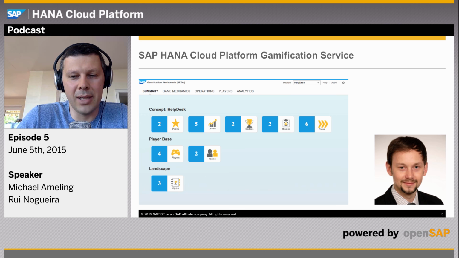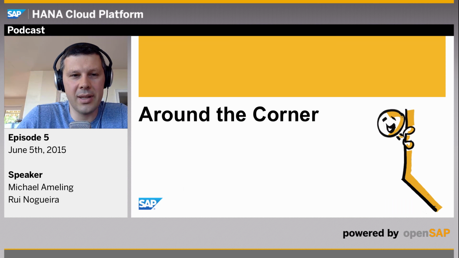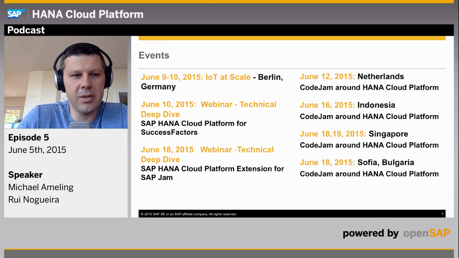And while Michael leaves the call, we go on with the next topic, around the corner. So events that happen just nearby you. This time we have quite a good number of events. If you're in Berlin, we have the IoT at Scale event where the HANA Cloud Platform will also be shown. And the next one, a webinar happening on June 10th with the HANA Cloud Platform for SuccessFactors.